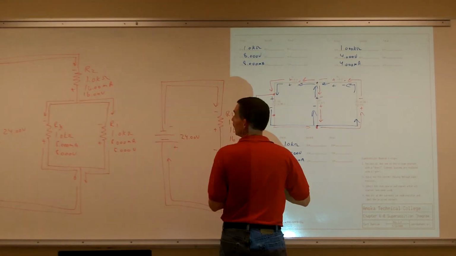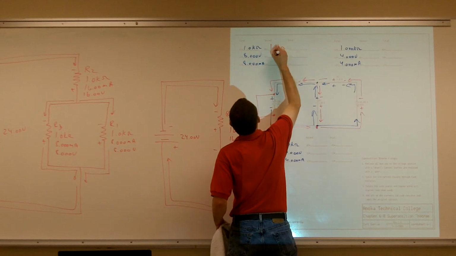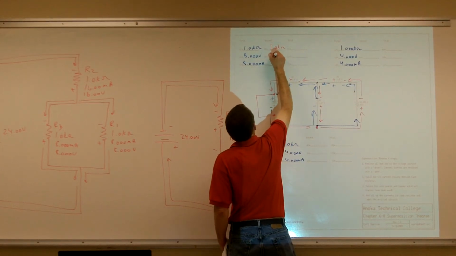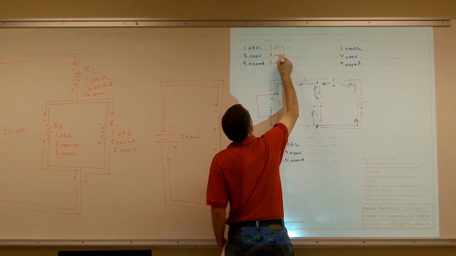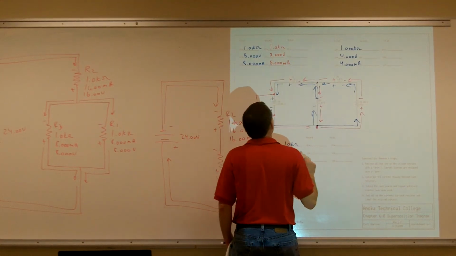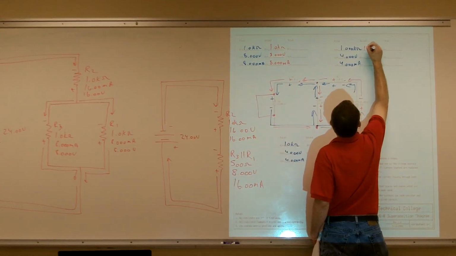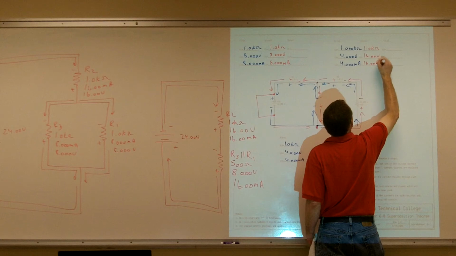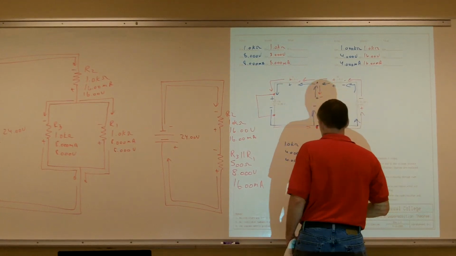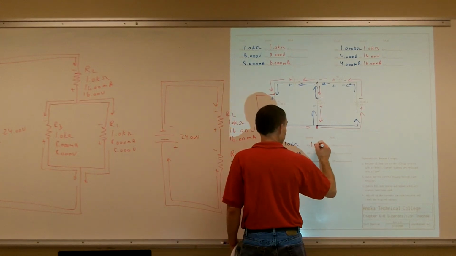R1 is 1 kilo ohm, 8 volts, 8 milliamps. R2, and R3 is 1 kilo ohm.